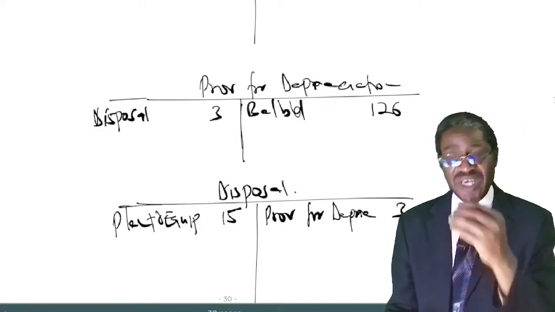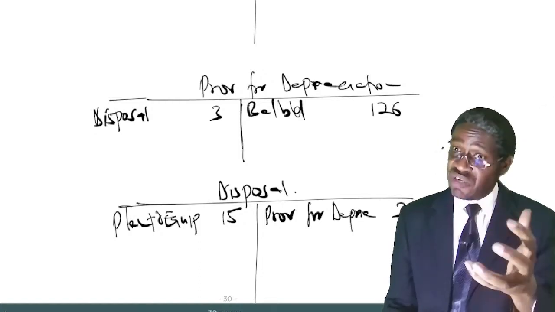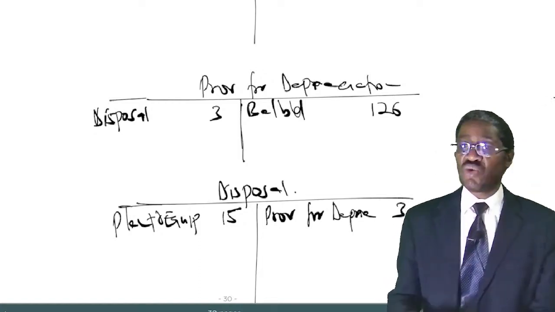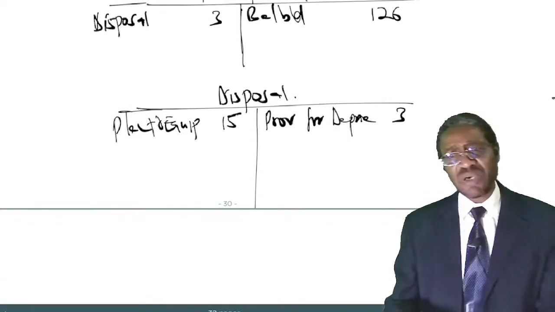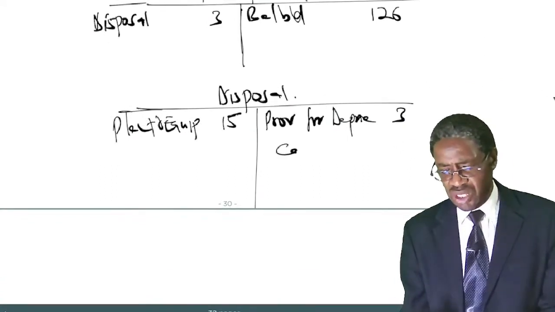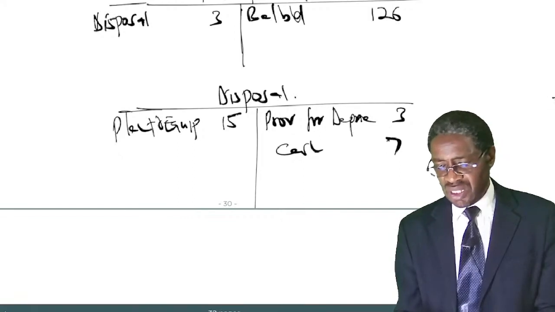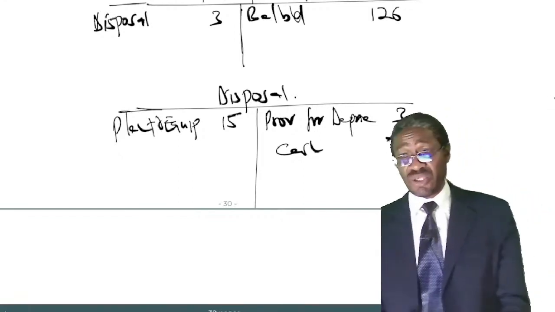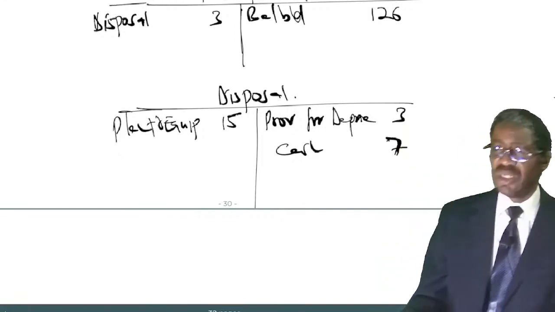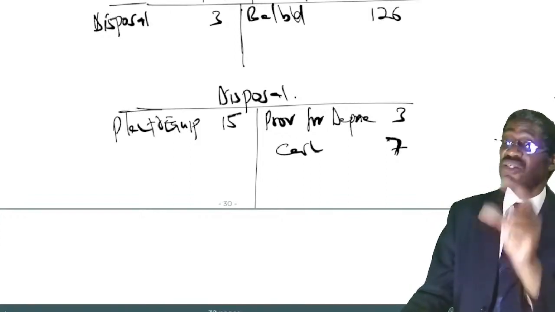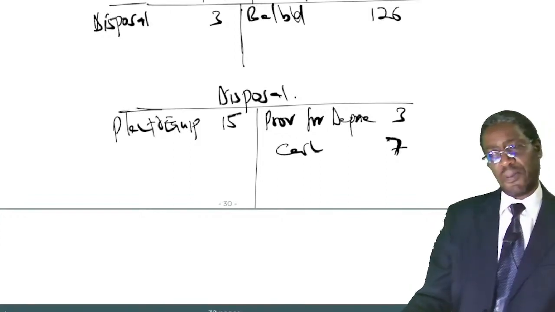Of course, the double entry is with the cash you are receiving: you normally debit cash and you credit disposal. So come and credit disposal, you say your cash, 7 million. That is step number 3, which says record the cash received on disposal.